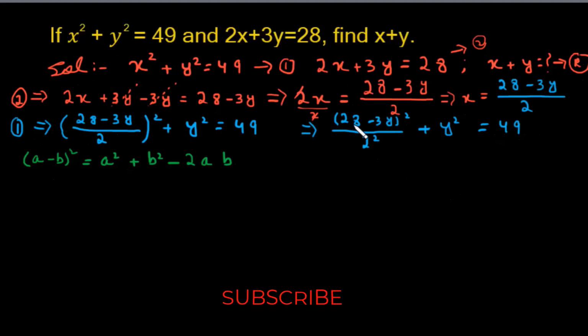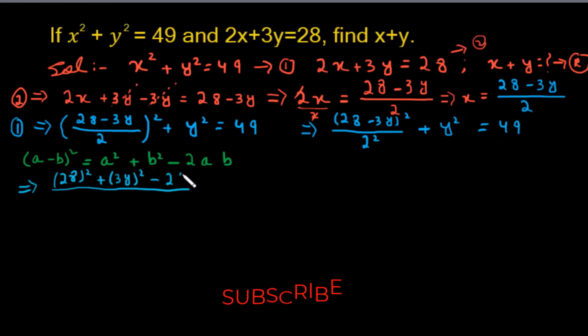So I have to treat this 28 as a, the first term, and this 3y as b, the second term. This will give us 28 squared plus (3y) squared minus 2 times 28 times 3y, and this 2 squared is equal to 4, plus y squared is equal to 49.